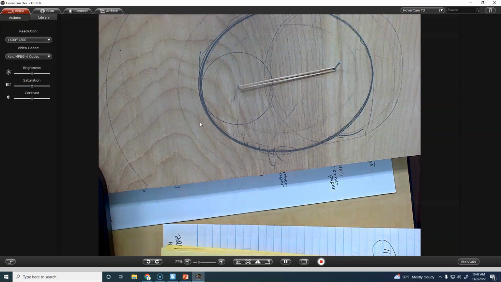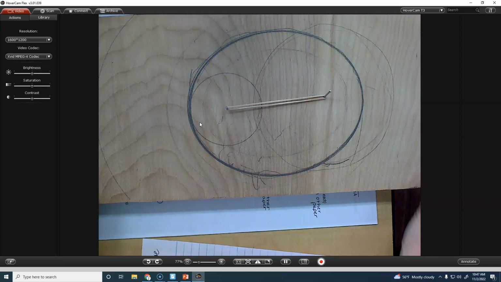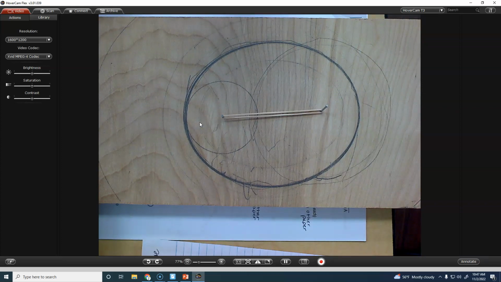Alright, so ideally I would not be using a rubber band. I would have a piece of string that was tied into a circle, but I was not prepared for my lesson today. So, the definition of an ellipse is all of the points that are equidistant from two fixed points.